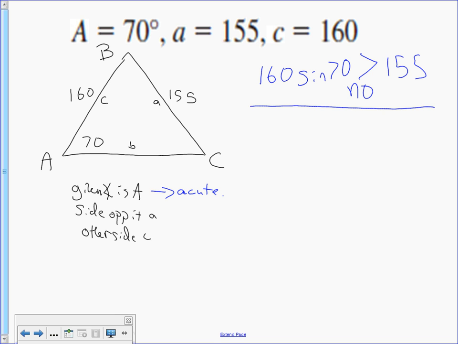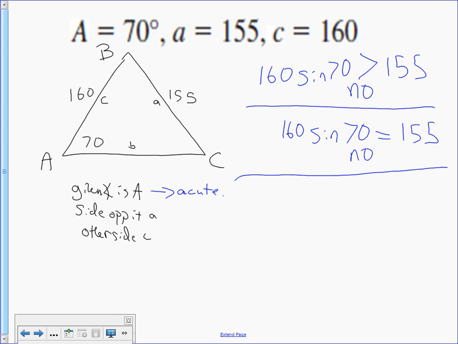I go to the next one. Is the other side, the 160, times the sine of the given angle equal to the side opposite the given angle? I hear another no. No. I go to the next one.